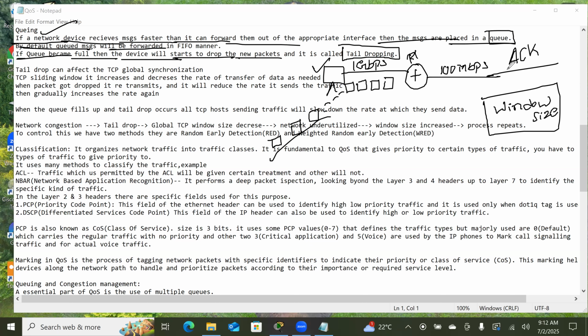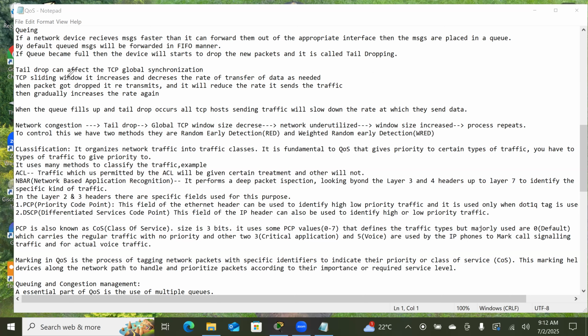I hope you remember the TCP header. This tail drop can affect the TCP global synchronization. That's what I said. It's going to affect the global TCP synchronization, because the source is not going to get any acknowledgement.